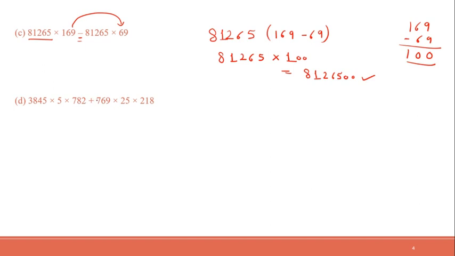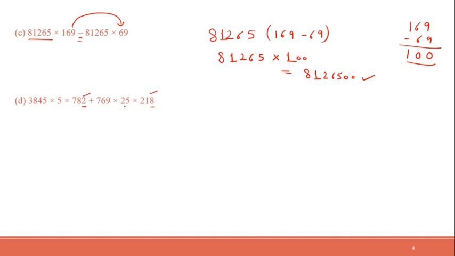So coming to this question, here we have 3845 multiplied with 5 and again multiplied with 782. Then an addition sign and 769 multiplied with 25 multiplied with 218. So here nothing is common, but what I can see is this. Here is a 2 and here is an 8. If I add these two terms, because of this addition, I'll get some zeros, because 8 plus 2 is 10, so we will not change these digits.